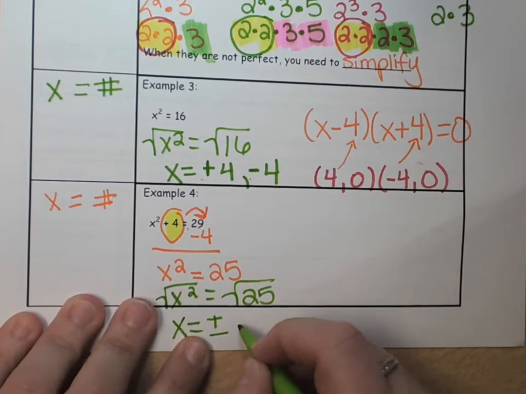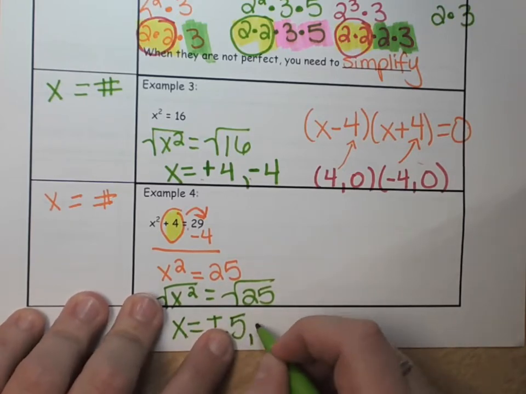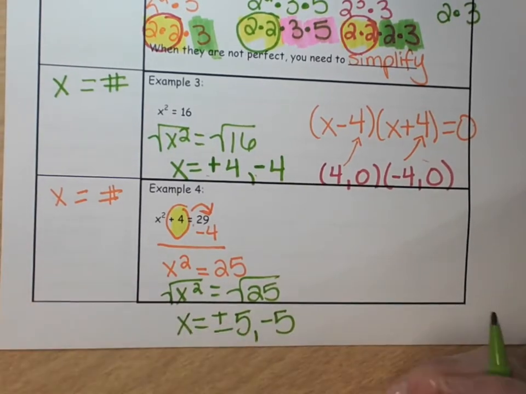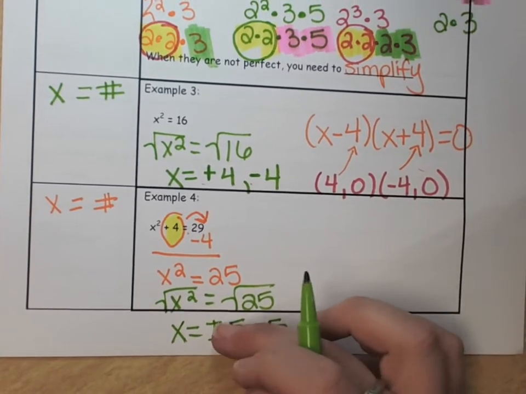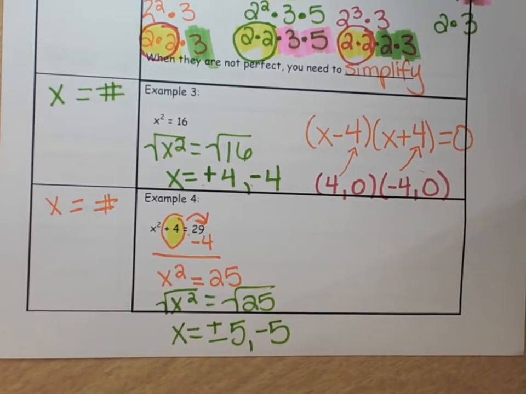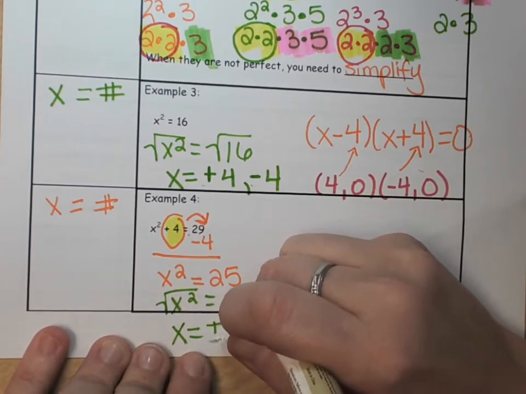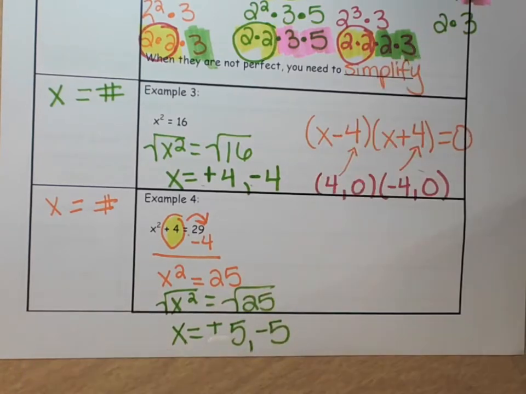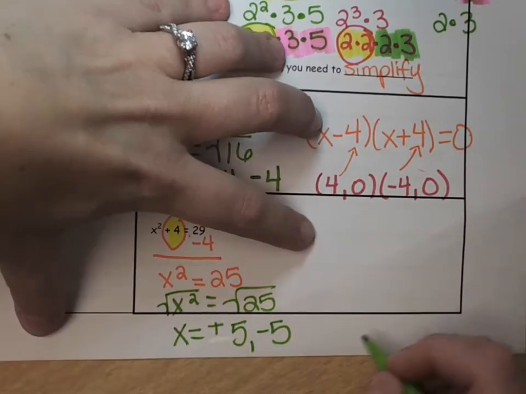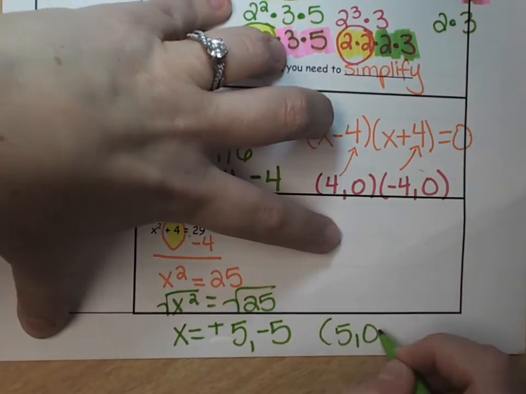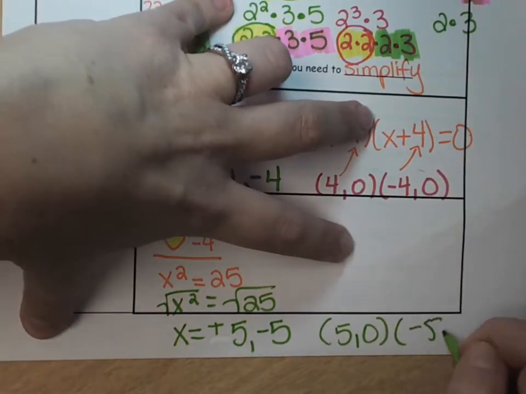And then this is not just a positive 5, it's also a negative 5. So plus or minus. Sometimes they write it like this instead of writing them separate. So they can write it like this or separate. That is my x value. My ordered pair is 5, 0 and negative 5, 0.